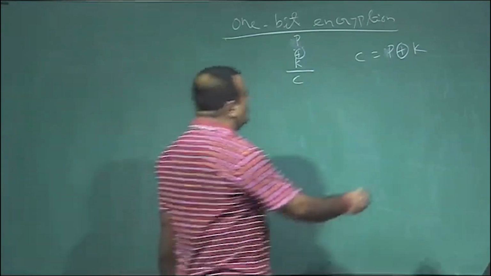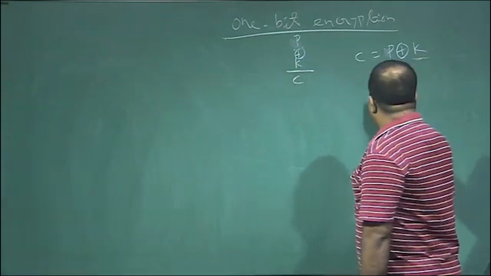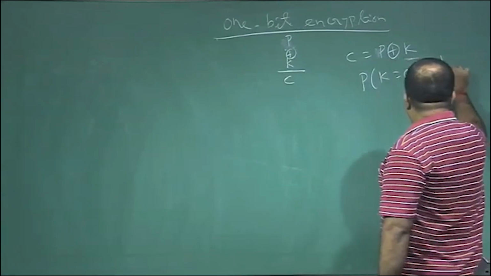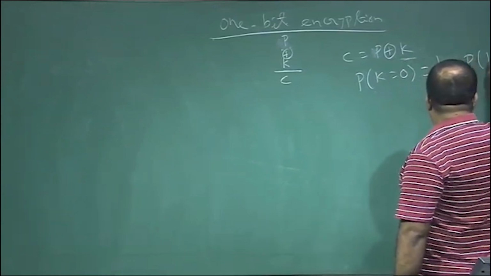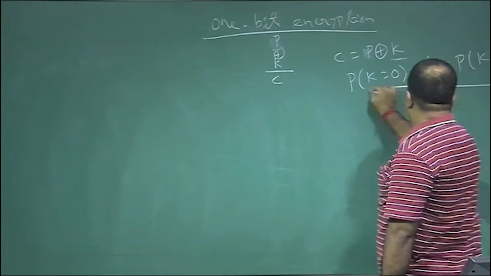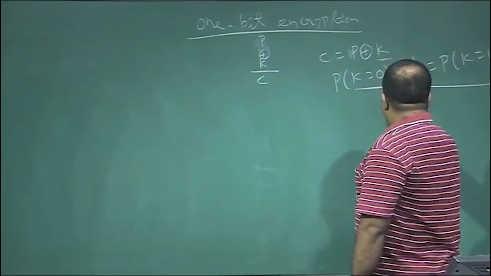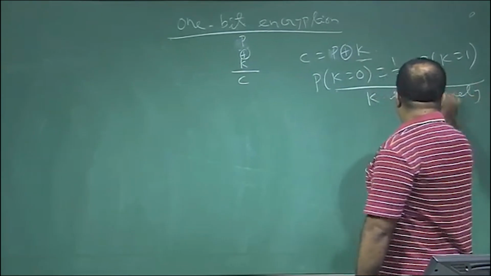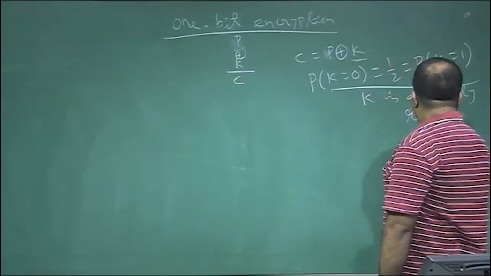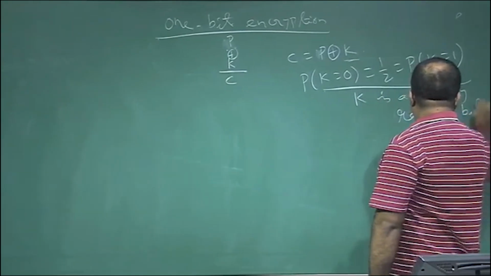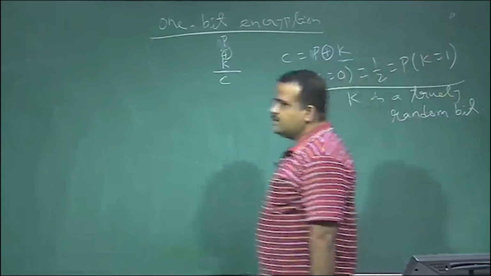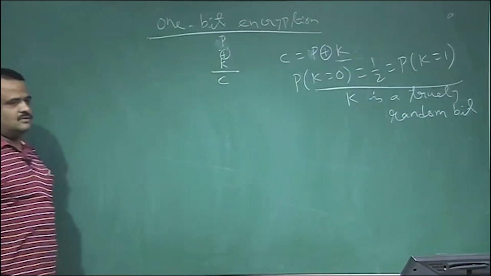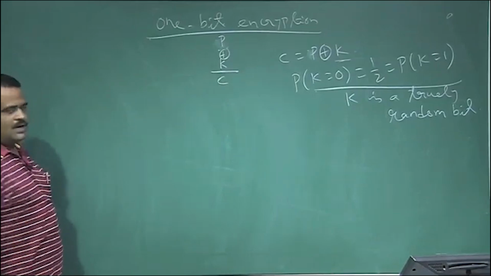Now, suppose this is a truly random bit k. That means the probability of k equal to 1 is the same as the probability of k equal to 0. So k is a truly random bit. Then we want to prove that this achieves the Shannon notion of perfect secrecy, that it is a one time pad.